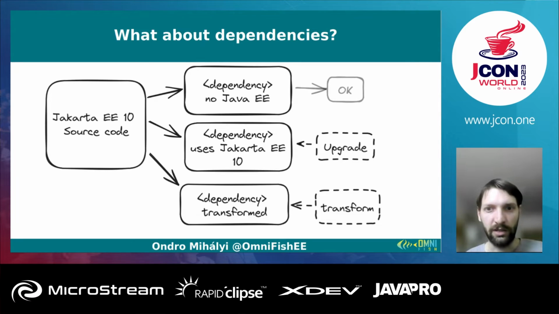If you cannot do that, and that's why I chose these Quartz and Jasper Reports dependencies, to show you an example of popular libraries where you cannot do that yet. We need to transform them to fully upgrade to Jakarta EE 10 and without limitations.